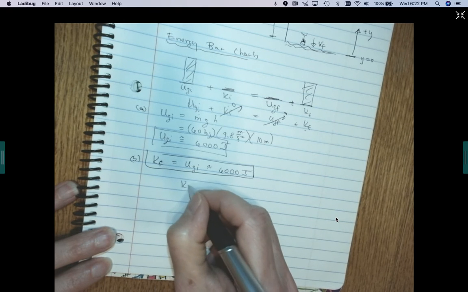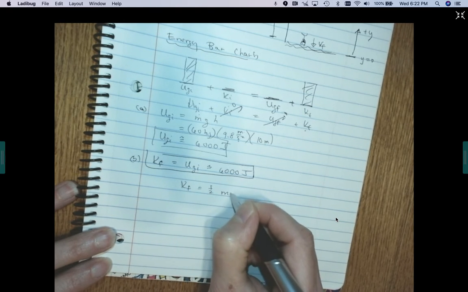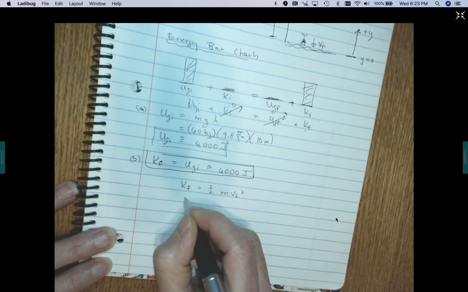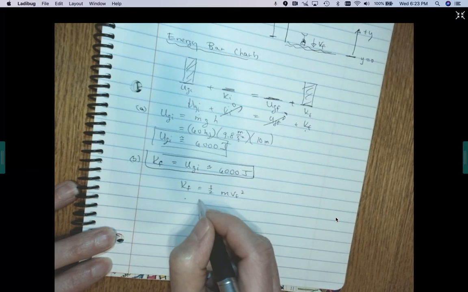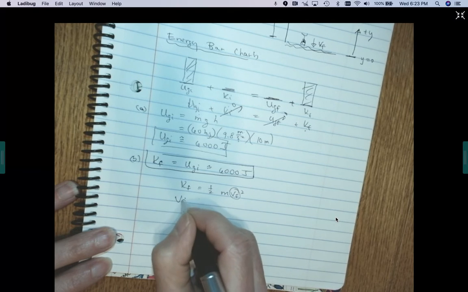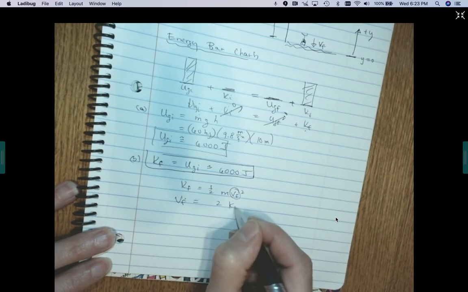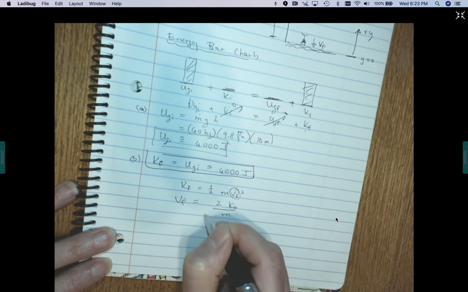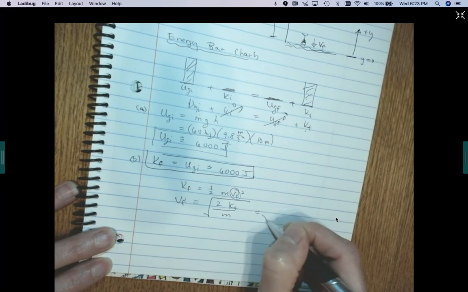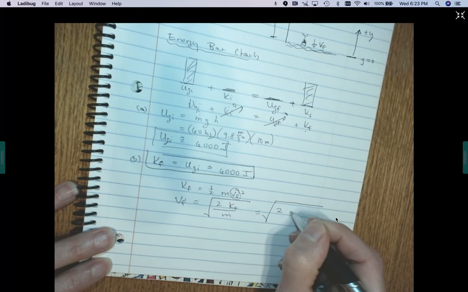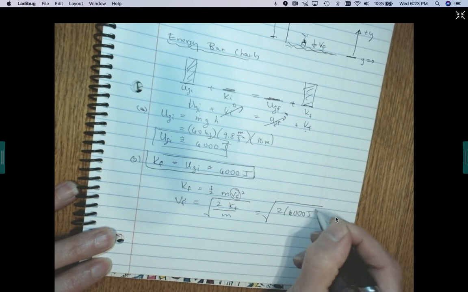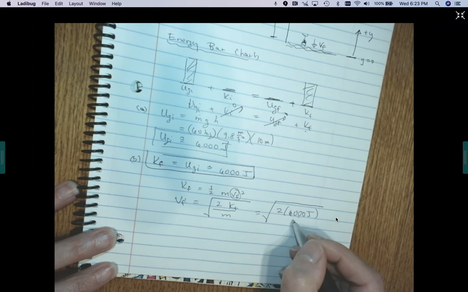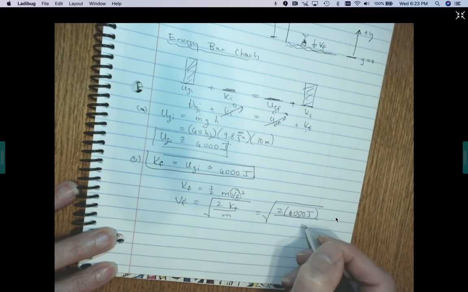So we have K final is 1/2 m v final squared. We want to find this. So v final is the square root of 2 K final divided by the mass. It's killing me to be doing this without doing our algebra first, but what are you going to do? Okay, 2 times our energy, and then we divide by the mass of 60 kilograms.